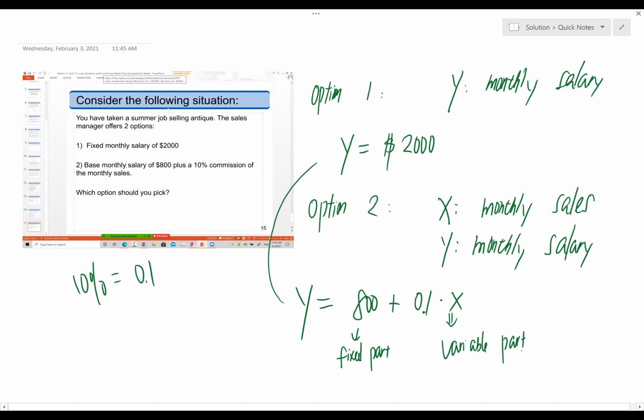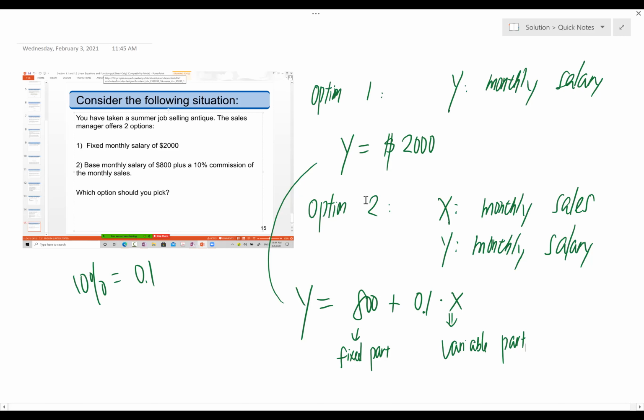The variable part varies based on the monthly sales. If you are really good at selling stuff, you may end up with a huge amount of monthly sales and a very high monthly salary. But if you're not a very good salesperson, you may end up with less money, maybe less than $2,000.